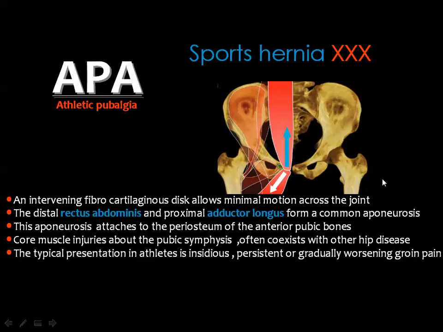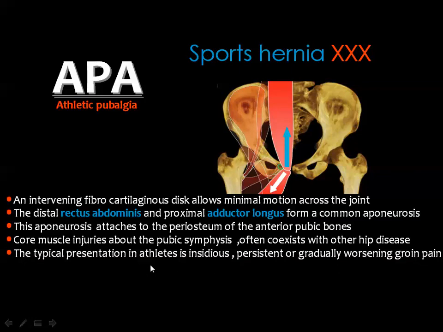The core muscle is the insertion of the distal part of the rectus abdominis together with the adductor longus in the anterior aspect of the pubic symphysis. This insertion site is prone to some degeneration, some tears, and this will result in what's known as athletic pubalgia, which is a frequent cause of pain near the hip.